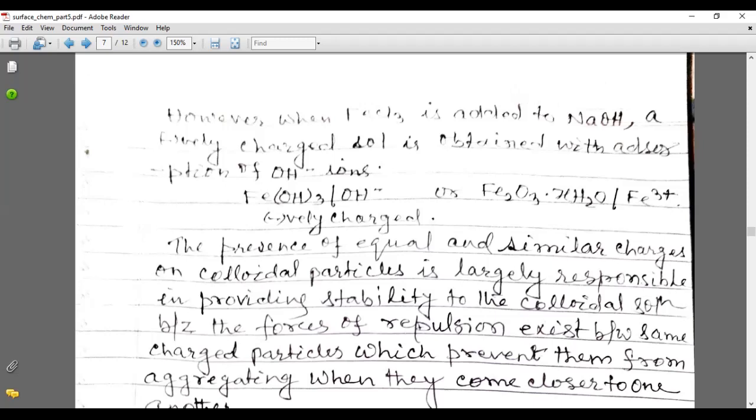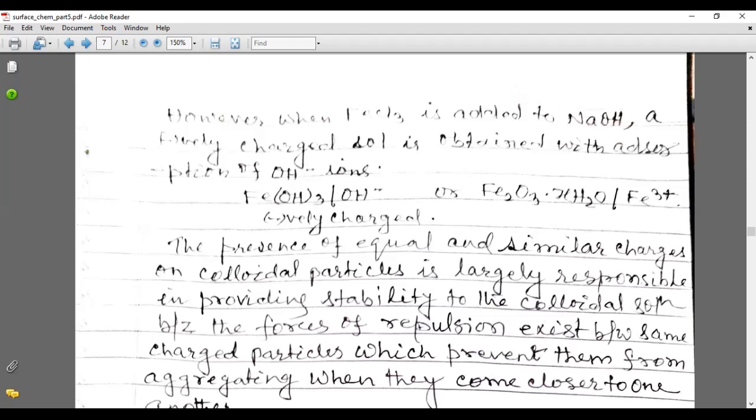Here in that diagram, the fixed layer is AgI surrounded by metal cation, that is Ag plus ion, which ultimately interacts with negatively charged ion, that is NO3 minus, which forms the diffused layer.